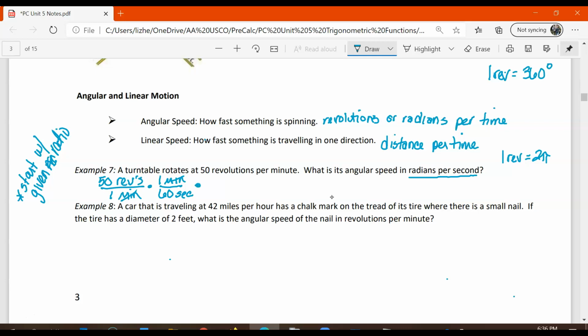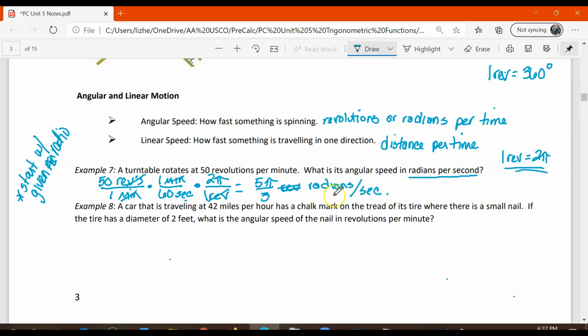So now there's another unit multiplier. I can say right here, 1 revolution is the same as 2 pi radians. And so the revolutions cancel. What am I left with? Radians per second. That's what I want. So I do my math. Again, let's just simplify, and you should end up with 5 pi over 3 radians per second.